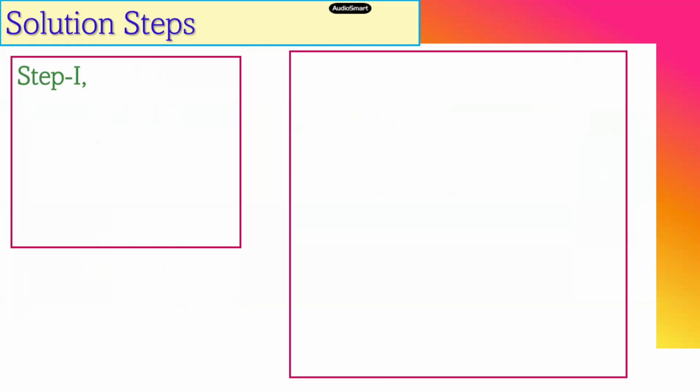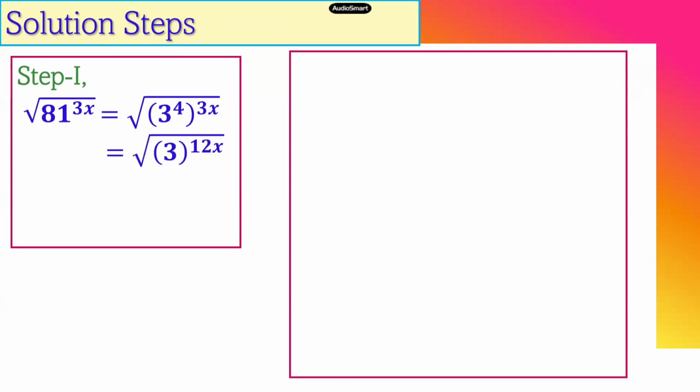Solution steps. Step 1. We are taking the first square root part, 81 to the power 3x. Now 81 is the same as 3 to the power 4. So now (3^4)^(3x) is written as 3 to the power 12x.